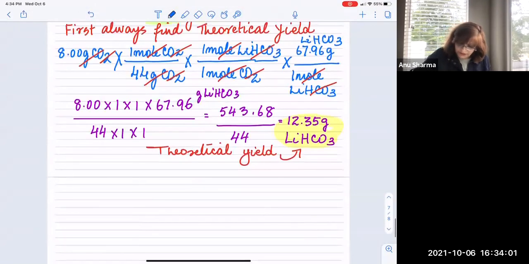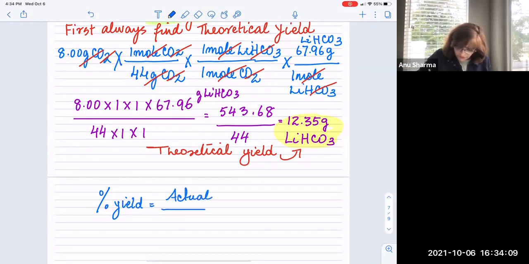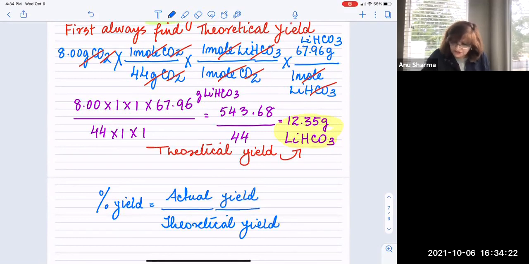So write down the formula for finding the percentage yield: it is equal to the actual yield, always written over the theoretical yield, times 100%.